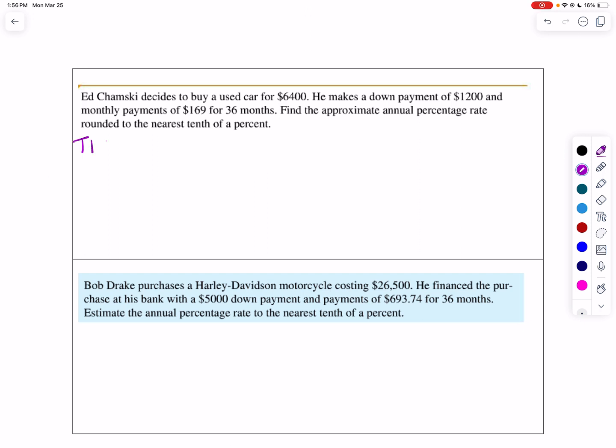So total installment cost first is the amount that he puts down. He's buying a used car. He puts down $1,200, and we have 36 payments of $169 a month. And so that comes out to be $7,284.